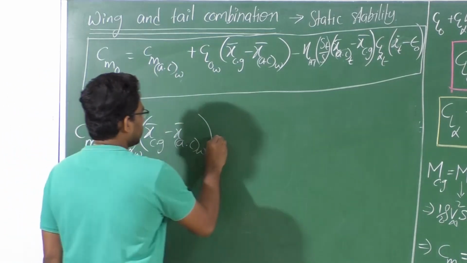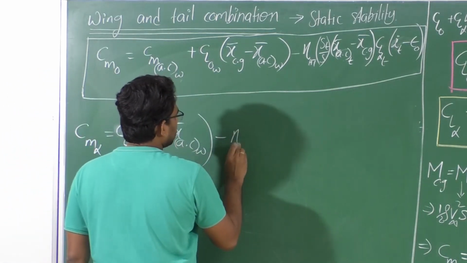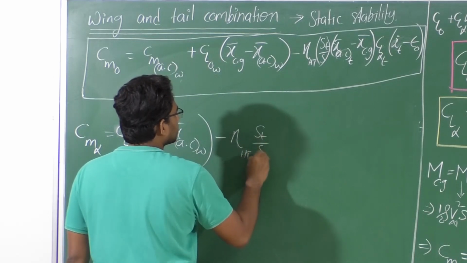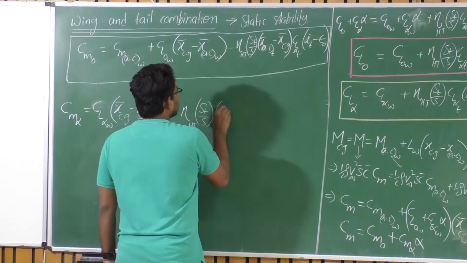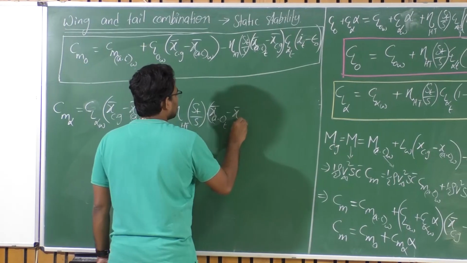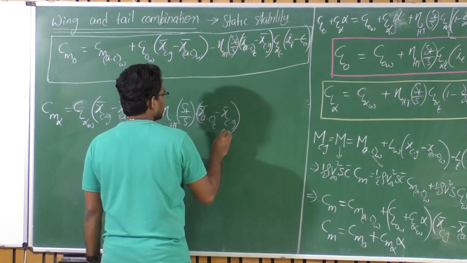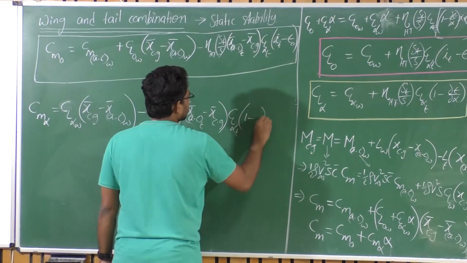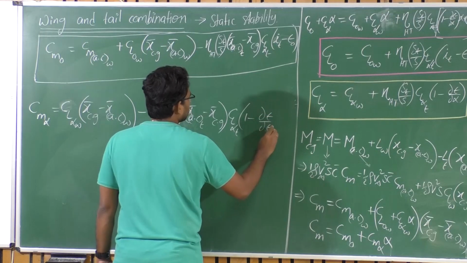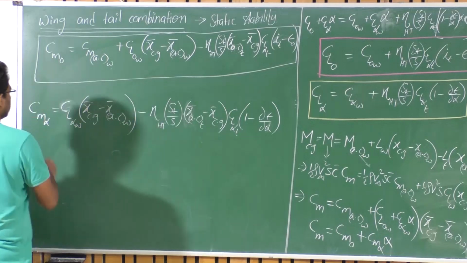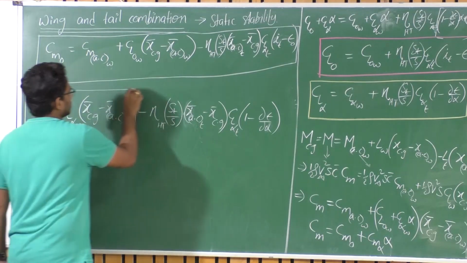And minus eta of horizontal tail, and then St upon S times my x bar AC of tail minus x bar CG, right, times the CL alpha of tail multiplied by 1 minus dou epsilon by dou alpha. Right. This is the Cm alpha of the entire aircraft.